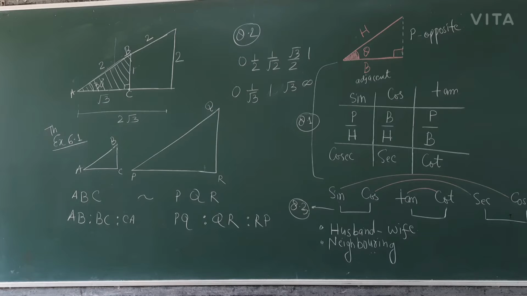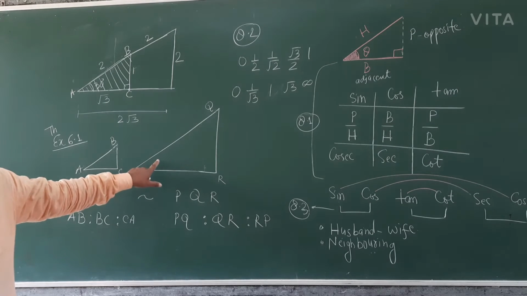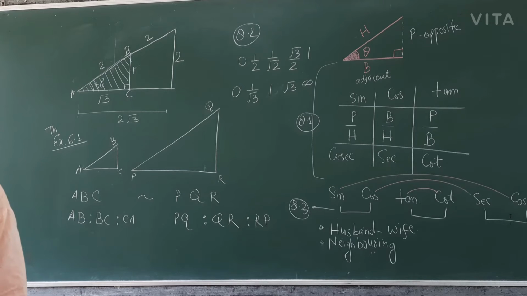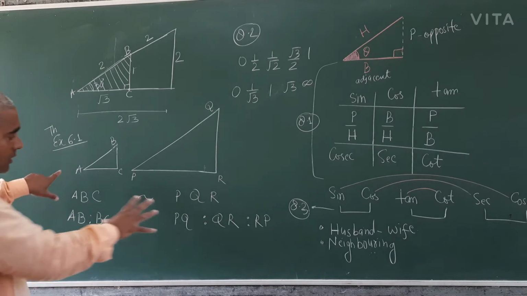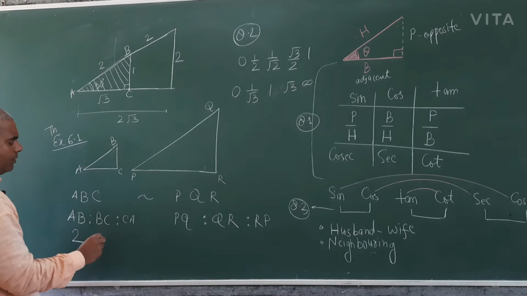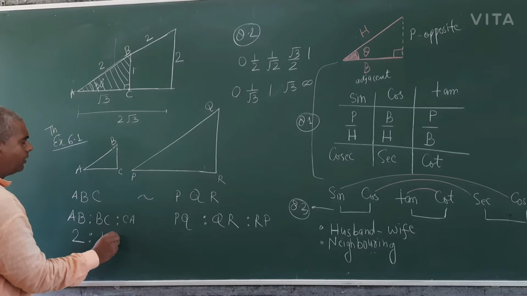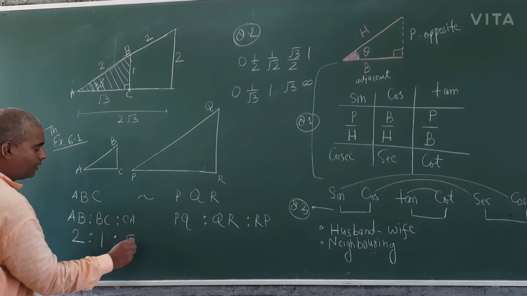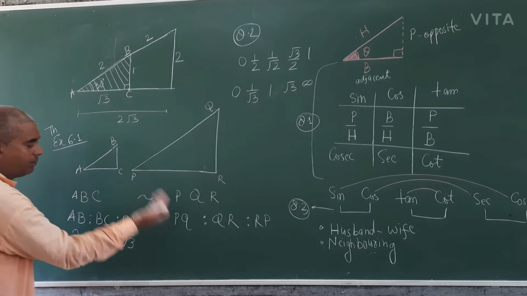Yes, theorem 6.3, page number 131. If in two triangles corresponding angles are equal, then their corresponding sides are in the same ratio. So this was the ratio: if AB is 2, then BC is 1, and the next is root 3, and this is the double.